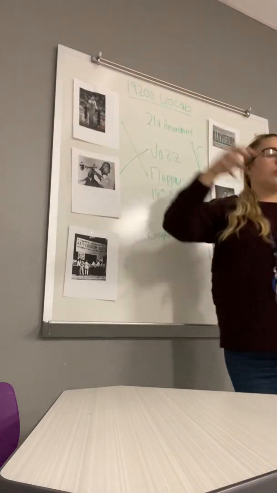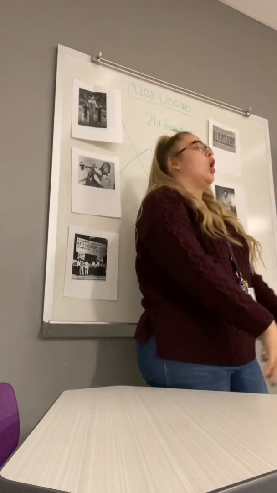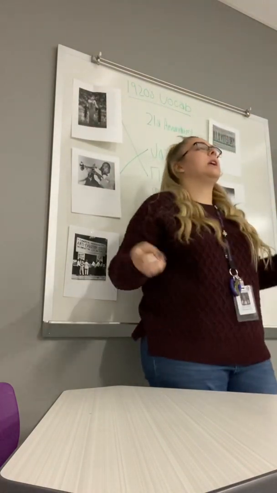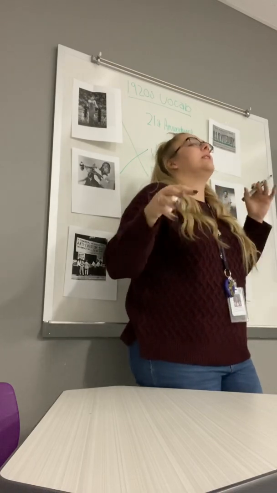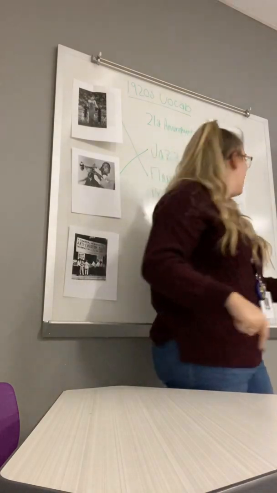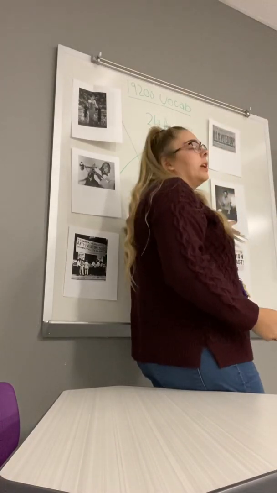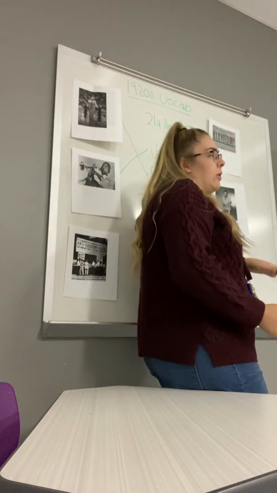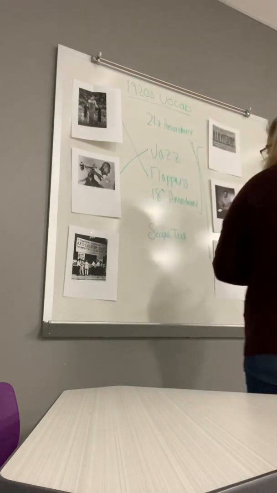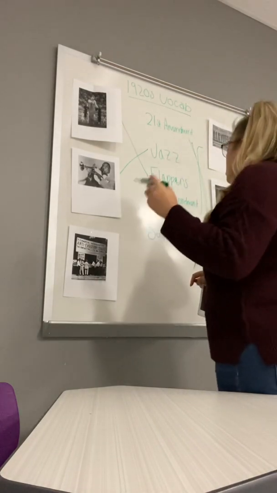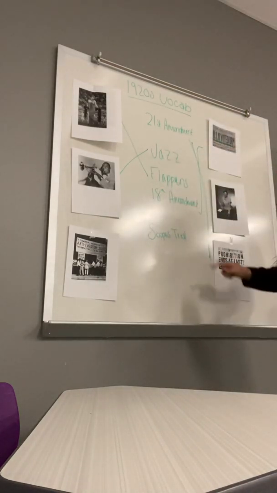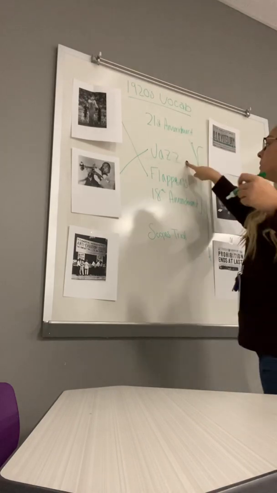So the flappers were women that wore dresses that were shorter than the knee. They smoked, they drank, they did things that women normally wouldn't do. Whereas this picture looks like a woman who is at her job and is working. So it's not going to be that one, but good try, good job. All right, so we did the 18th, we went to the 21st, we did jazz, flappers.